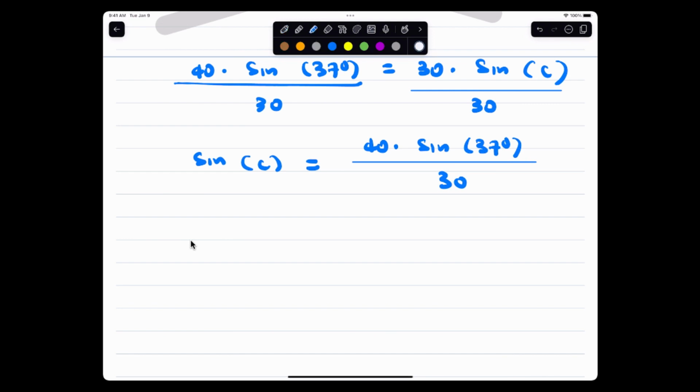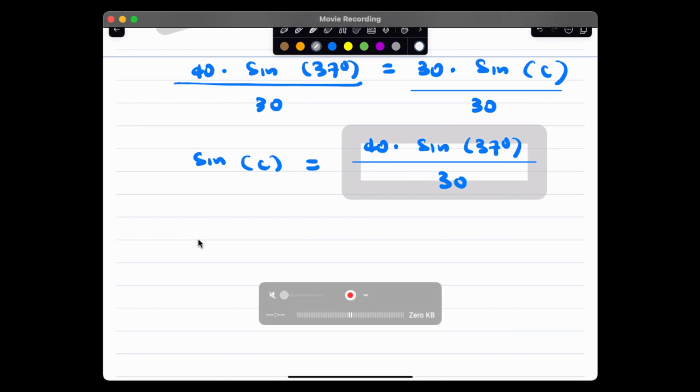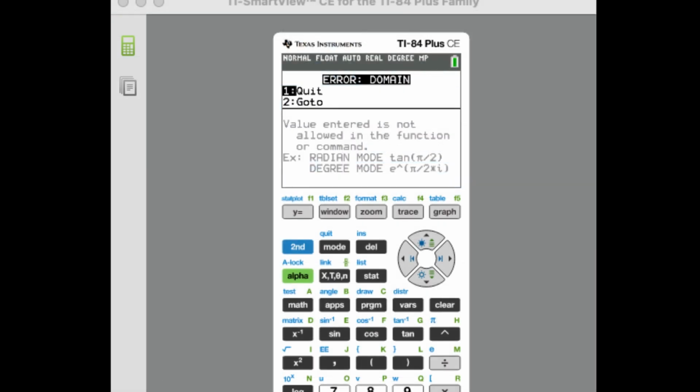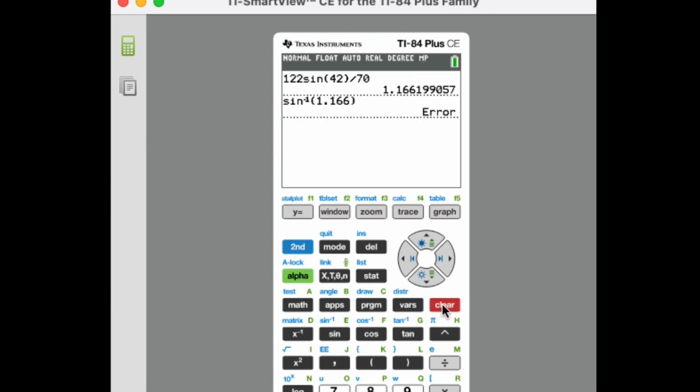So numerically, we want to find out what this is. Okay? Use your calculator here. Clear, clear. Okay. 40 sine of 37, is that what it was?